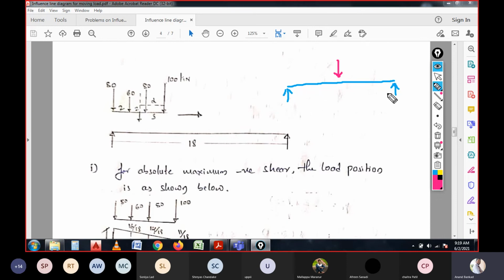But if you apply the load near the support, then the shear force value will be maximum. Do you people agree with this? When the loads are acting near the supports, the shear force will be maximum over here.